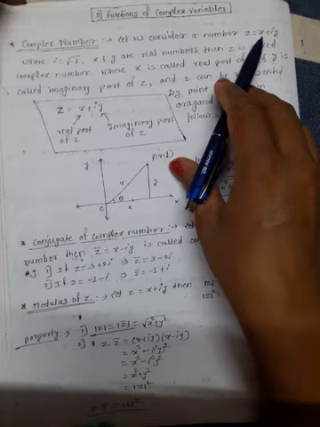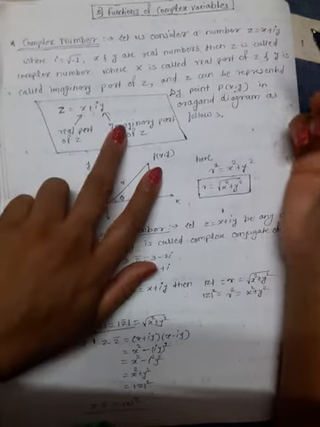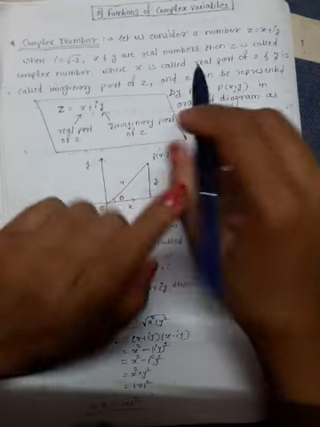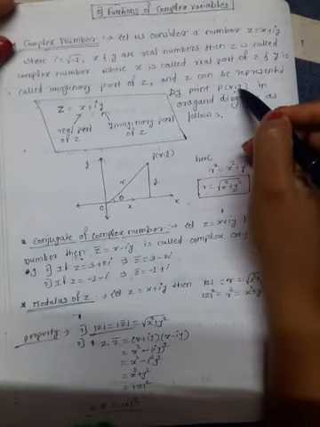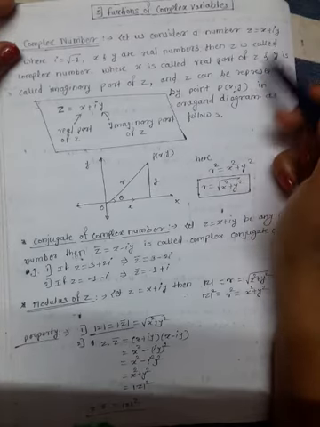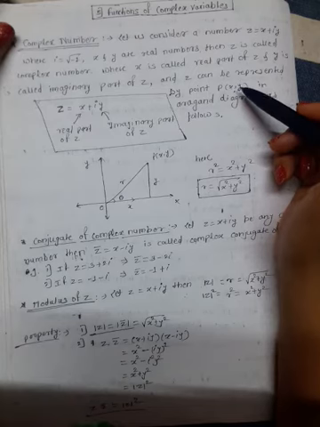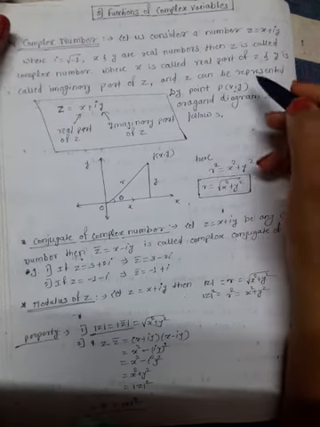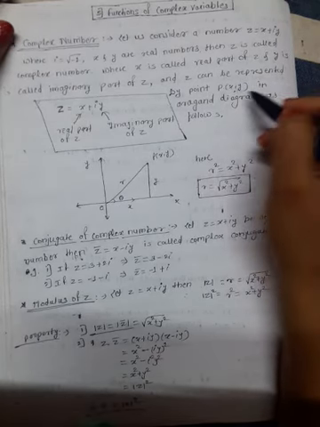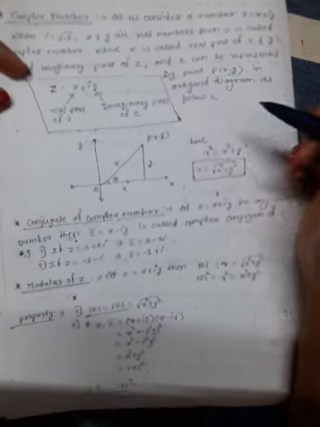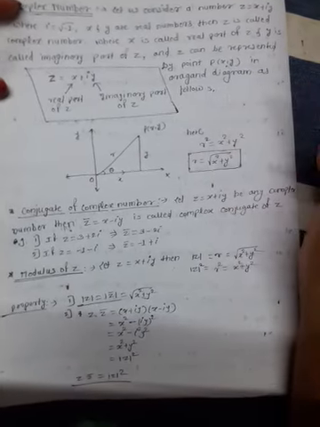Now this complex number can be represented by the point P(x, y), where x is this number and y is the number attached to i, with whatever positive or negative sign is present in the given number. It can be represented in the Argand diagram, the point in the xy plane.